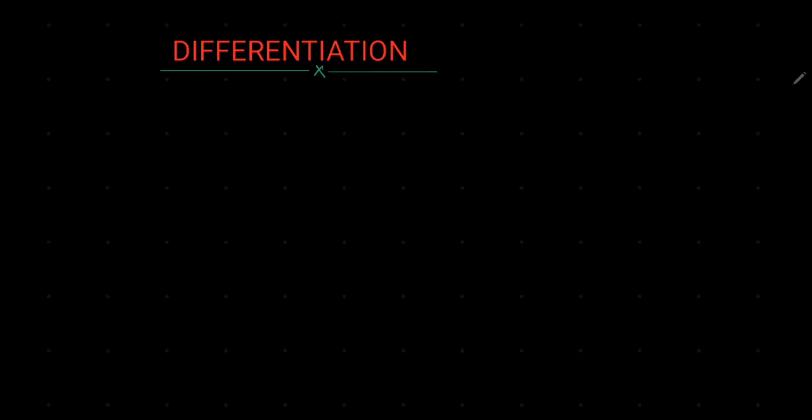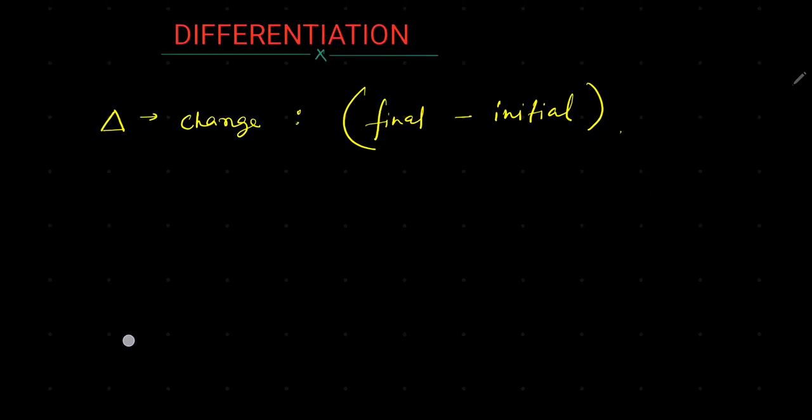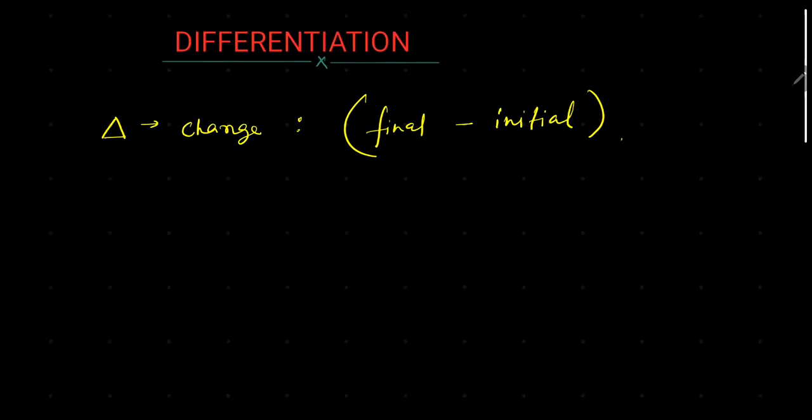Okay, fine. So starting with some notations like delta. Delta means change, and change here is always final minus initial situation, right? So we are basically learning a finite change here.